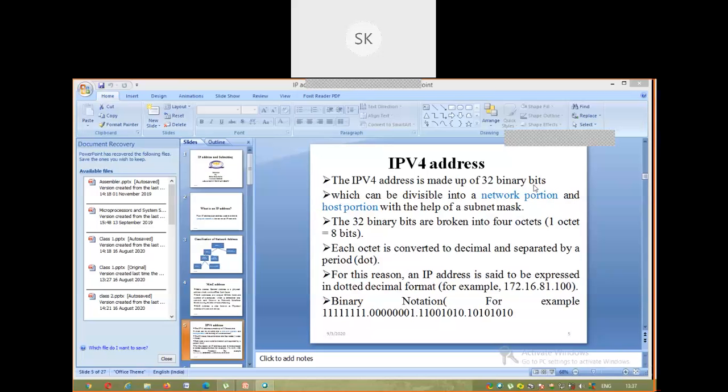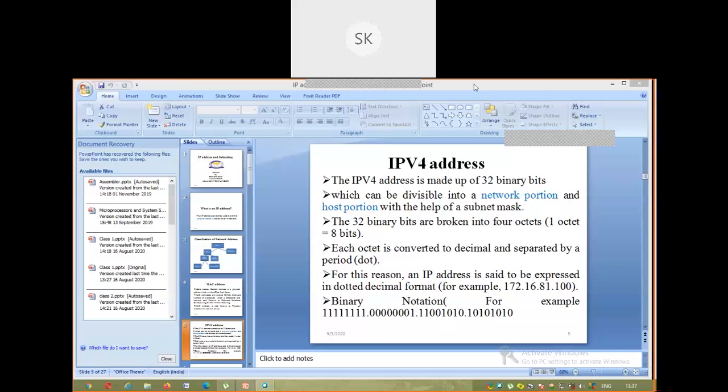So based on that subnet mask, an IPv4 address can be divided into two portions, network portion and host portion. Is it clear now?